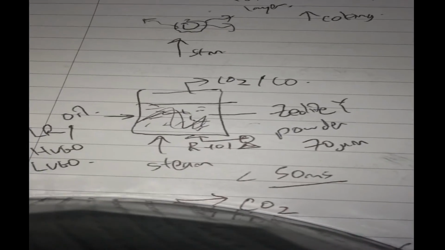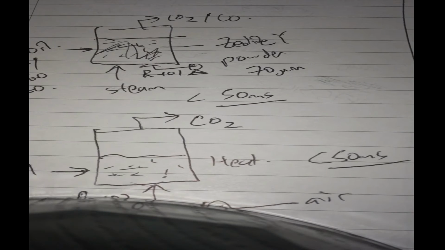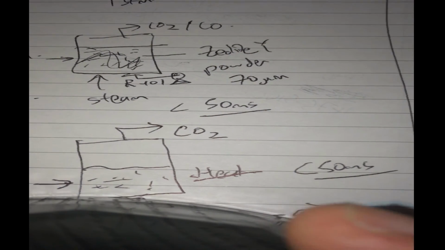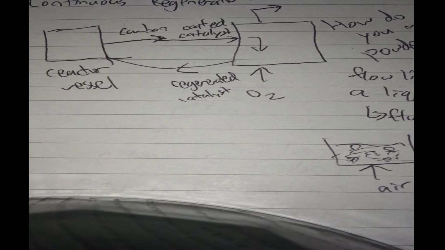And not only that, with all this heat available from burning all my carbon, I will have enough heat to actually perform my catalytic cracking. So this is how it will probably work.